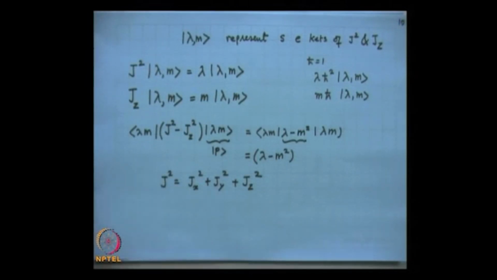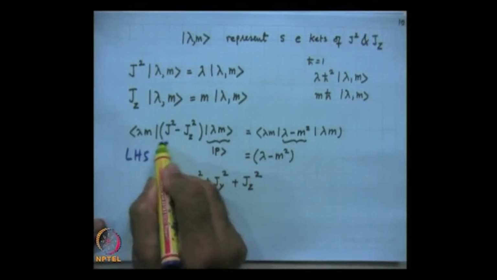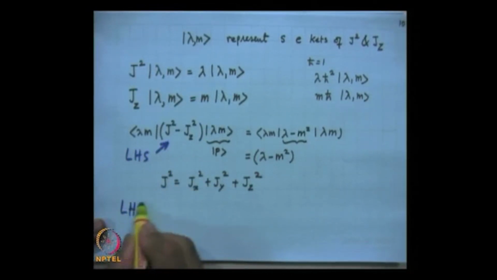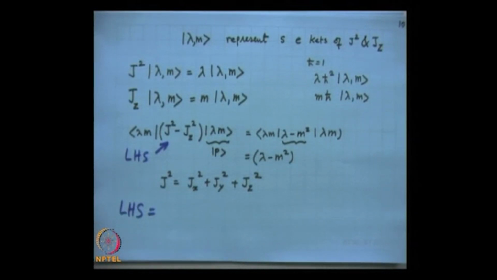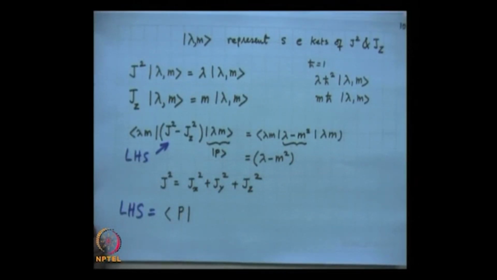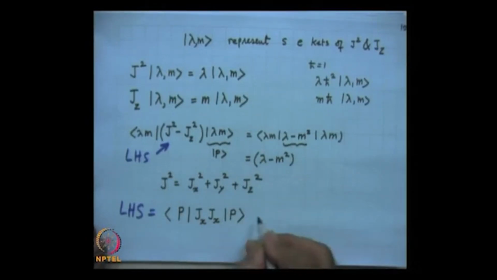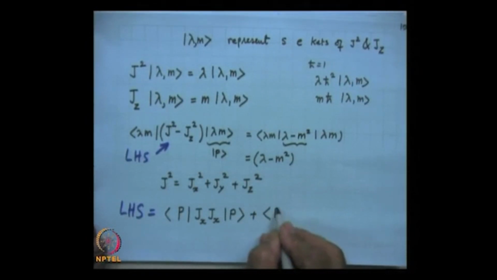So, the left hand side is equal to bra p jx square ket p, I hope this is clear, plus bra p jy square ket p.